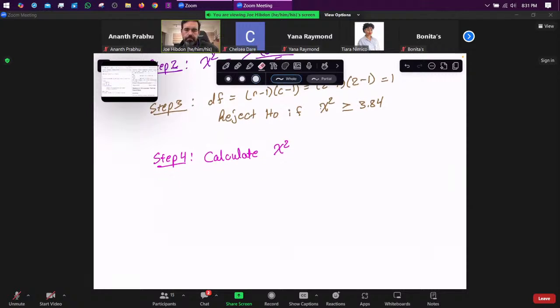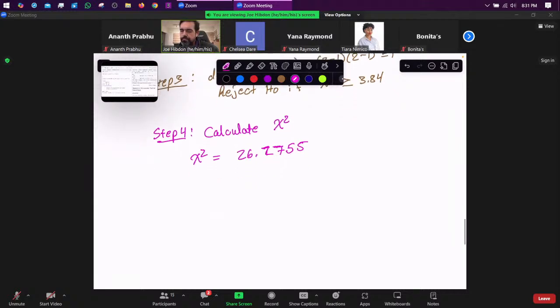I'm going to give you the values. We're going to get that the chi-squared here is equal to 26.7 or 2755. We have steps 5 and 6.